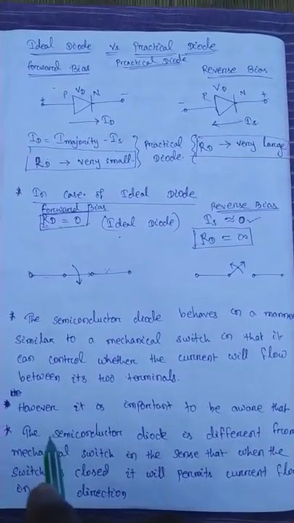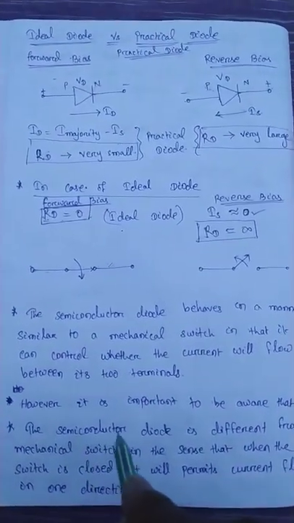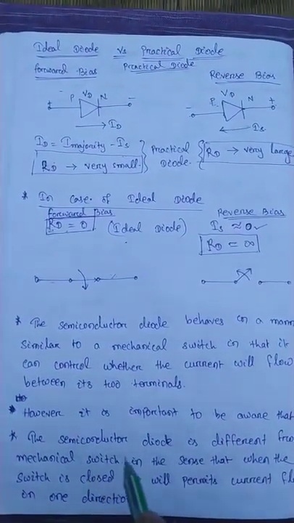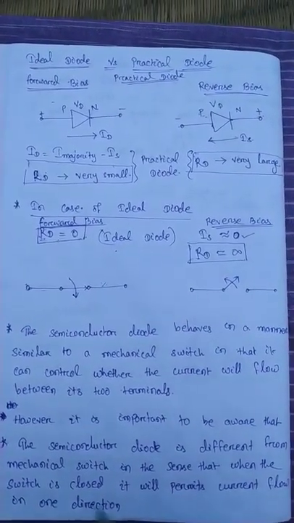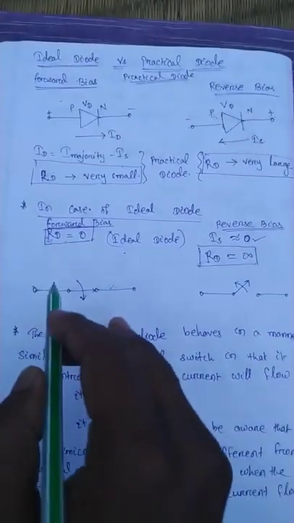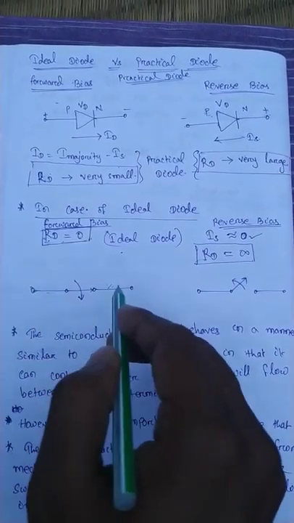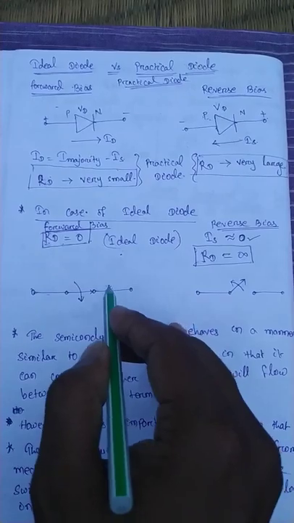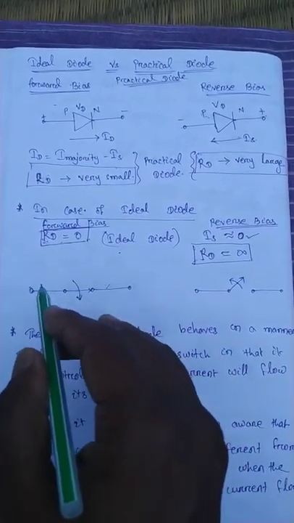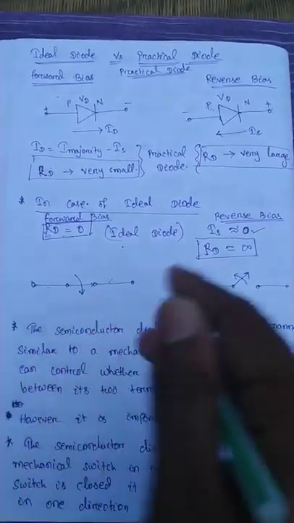One important difference is that when the switch is closed, it permits current flow in one direction. In case of diode, the current flows in only one direction. But in case of mechanical switch, the current can also flow in the opposite direction.